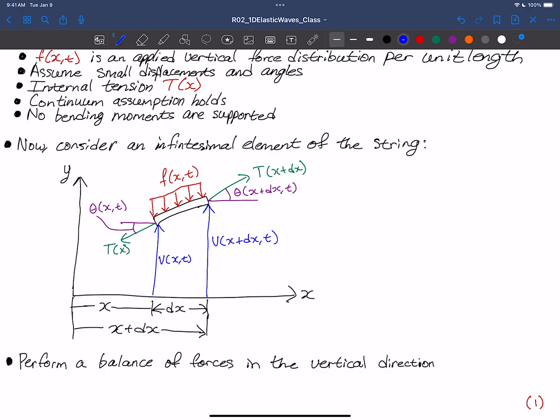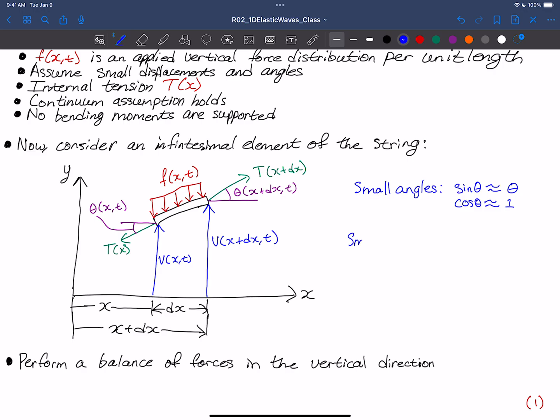Now I mentioned that we have small angles, so at this time let's go ahead and add that in here. So when you have small angles, this implies that the sine of theta is approximately equal to theta, and the cosine of theta is approximately equal to 1, meaning that we can use theta and 1 instead of sine and cosine of theta respectively.